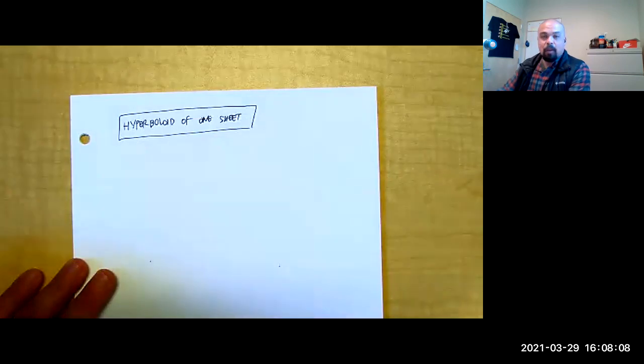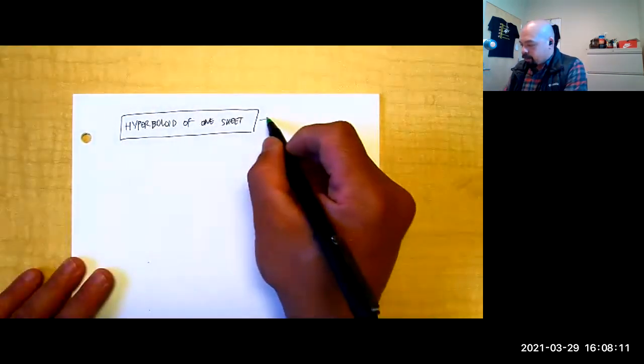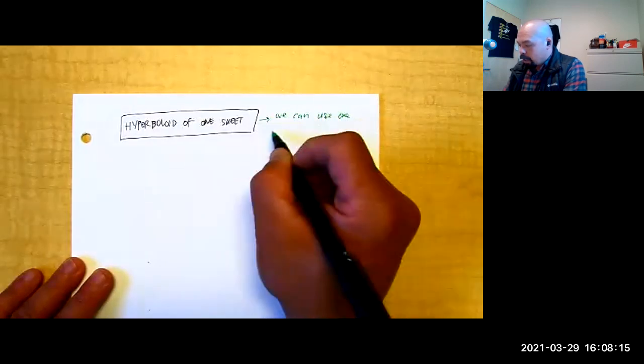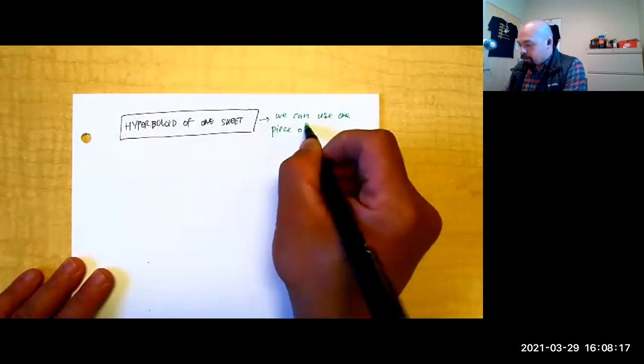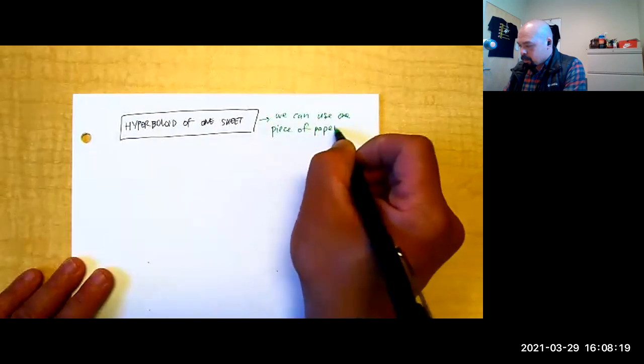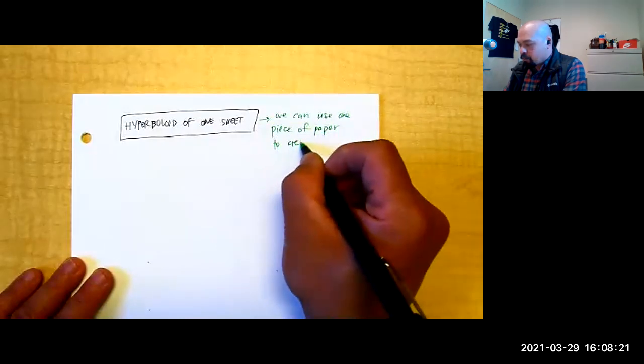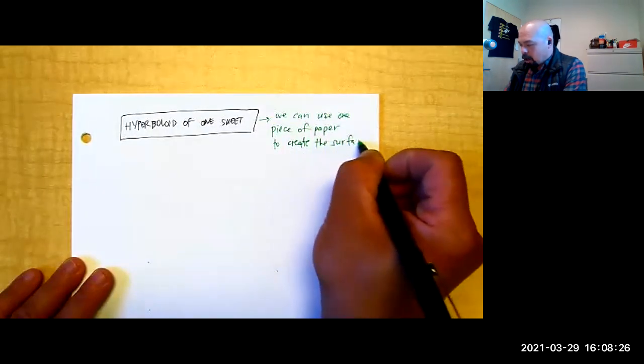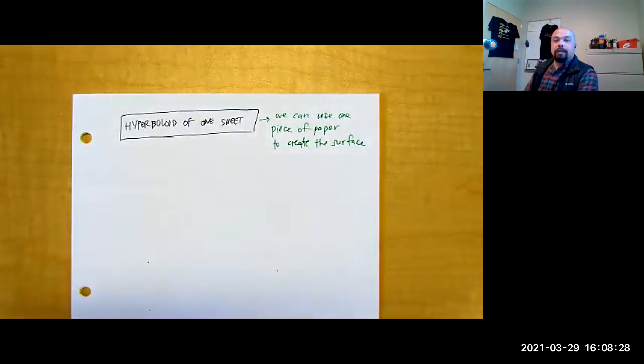That idea of one sheet is basically that we can use one sheet of paper to create that surface, to make our model for that surface.